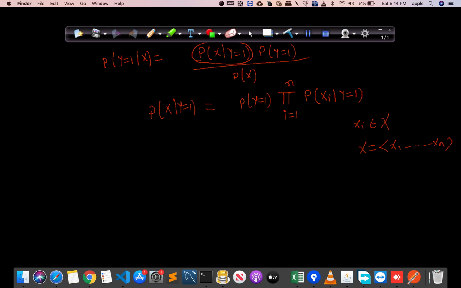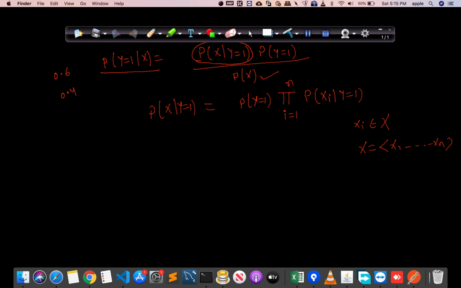In my previous video, I mentioned that we are not calculating this particular term and we are ignoring it. Let me tell you why. This is probability of y equals 1 given x. Suppose the probability that our model gave for y equals 1 was 0.6 and for y equals 0 it was 0.4.